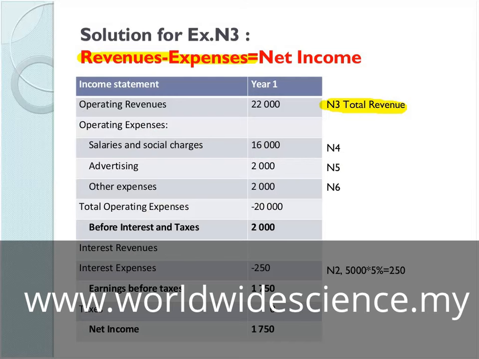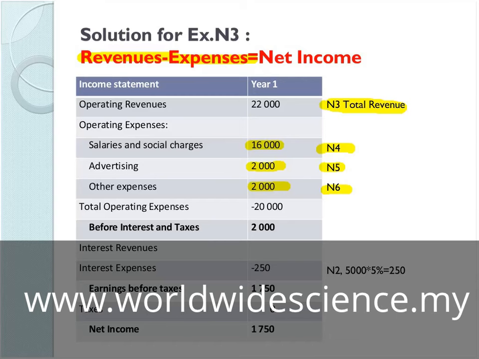That we paid for consultants, 16,000, is from transaction number 4. Advertising cost expenses, 2,000, from transaction number 5. And we have other expenses, this is IT expenses from transaction number 6, right?